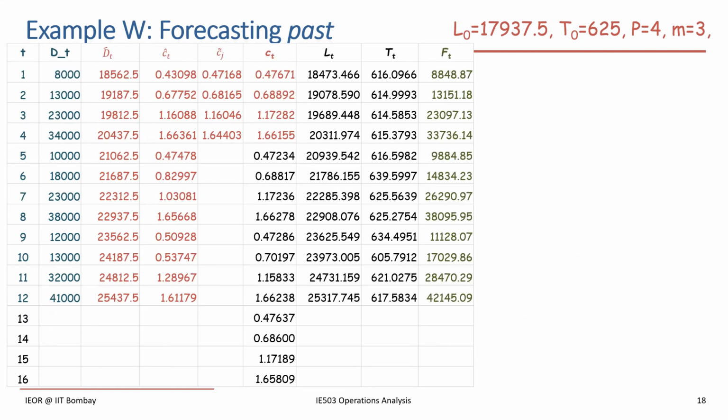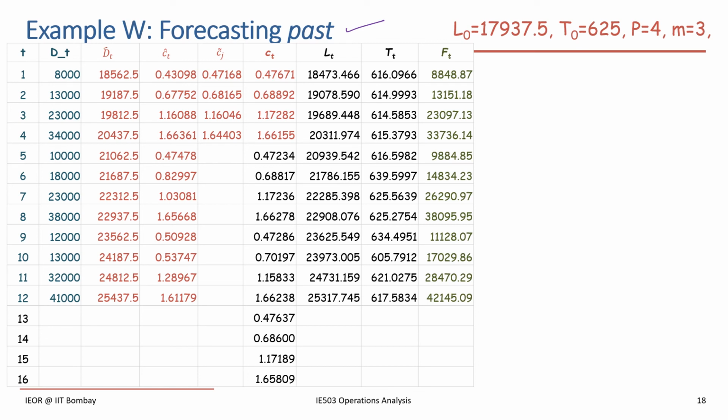So that is what is meant by forecasting the past. Remember, forecasting the past. This table now shows all the values of L and T all the way up to 12 periods, and CT values go from the 5th period to the 16th period. Remember, because we are forecasting CT plus P, not just CT plus 1, we are going all the way up to the 16th period for C, and then we can compute the forecast from period 1 to 12.